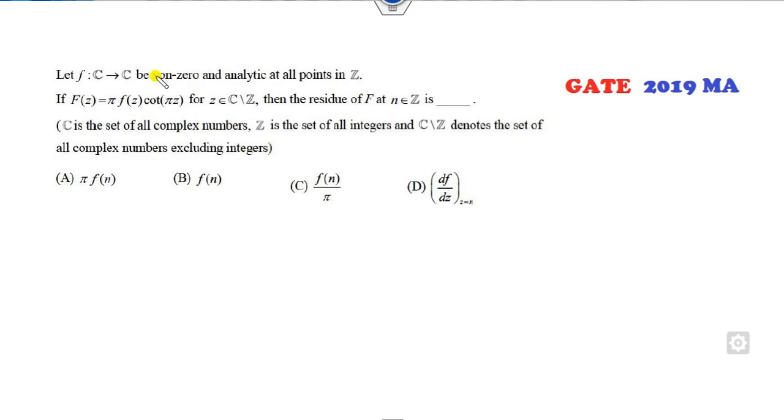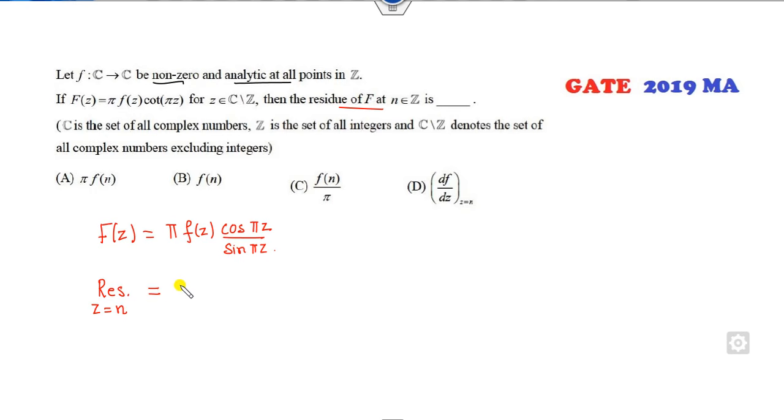Okay. f is non-zero and analytic at all the points of this. Then the capital F, pi f of cot, I can write as cos pi z over sin pi z. Then what is the residue at z equals n? That's the meaning.